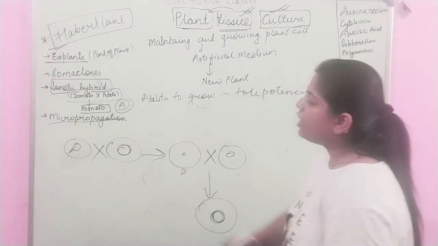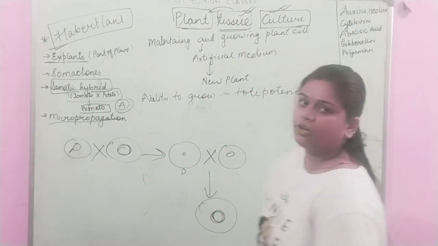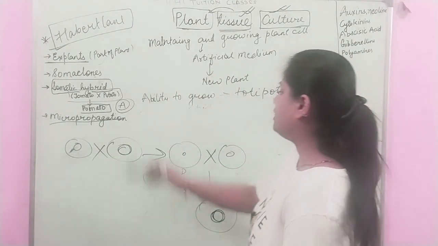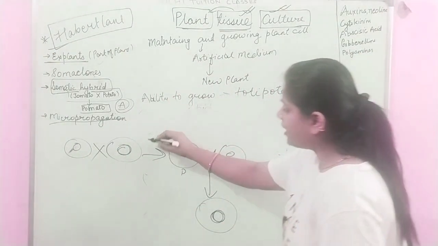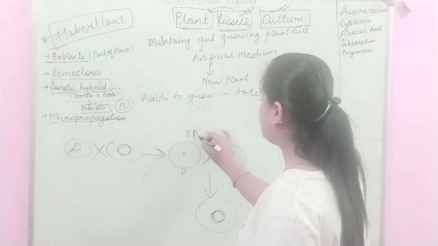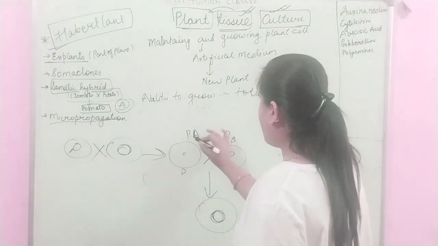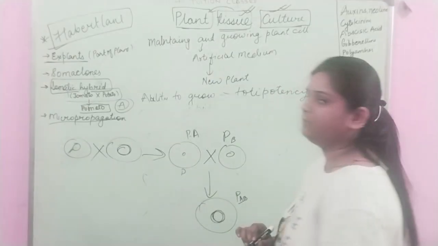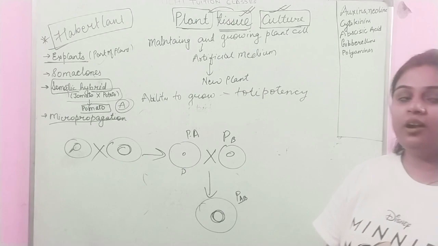That's why, when tomato and potato were crossed, a new variety was given. So we have taken protoplast A and protoplast B and crossed them to get a new variety. So this was plant tissue culture.